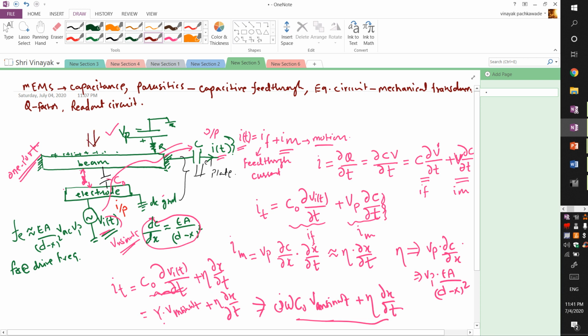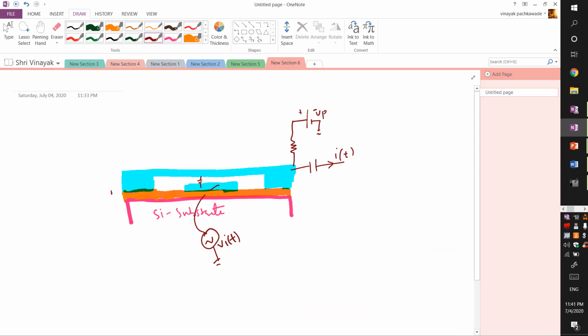How to fabricate such a structure? Let us take a look at that. This is the fabrication that we briefly discuss, and from this we'll be able to see the feed through capacitance, and derive an electrical equivalent circuit for this.